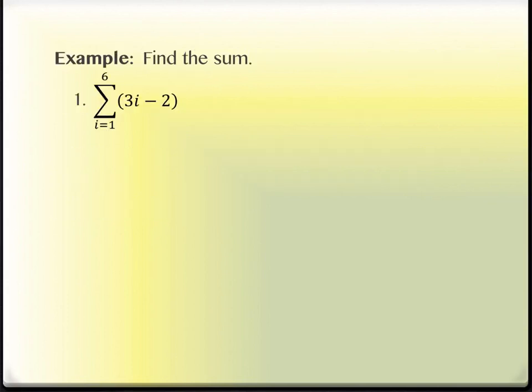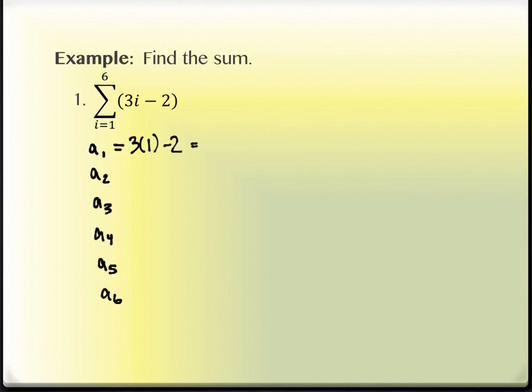So we're going to find the sum from 1 to 6 of 3i minus 2. And we're going to do this by actually figuring out what is a1, a2, all the way up to a6. And we do that by putting the numbers 1 through 6 in for i. So the first one we have 3 times 1 minus 2.